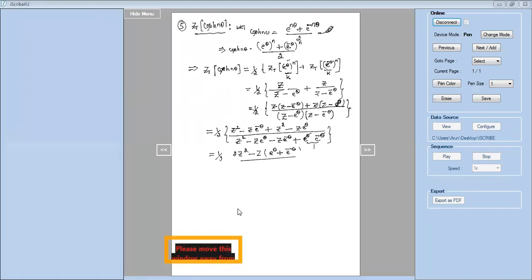So it is z square, this term, z square denominator. And from these two I can take minus z common, minus z common. So here again we get, since you have taken minus z common, it is e power theta plus e power minus theta.